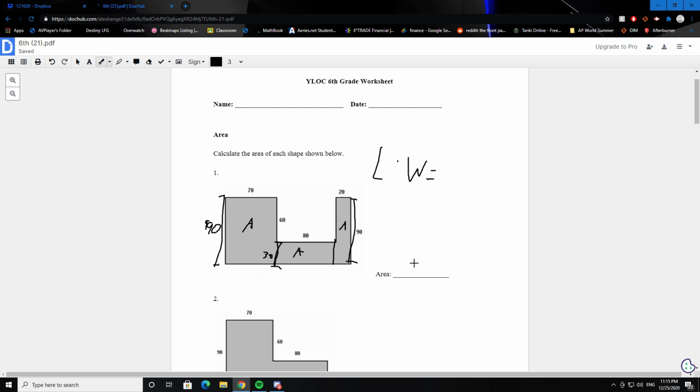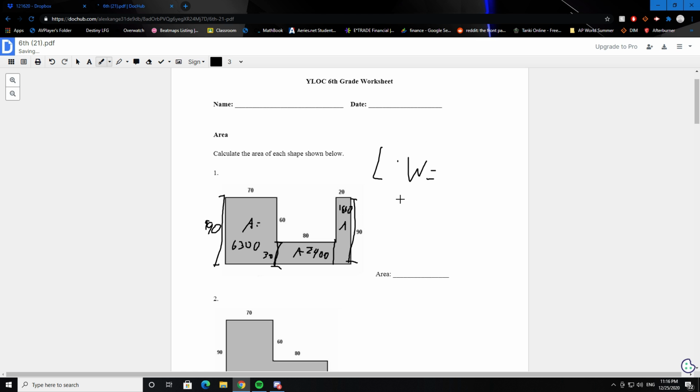So to find this answer, you would do 90 times 70 to find the area of this, which should be 6300. 80 times 30 should be 2400, and 20 times 90 should be 1800.